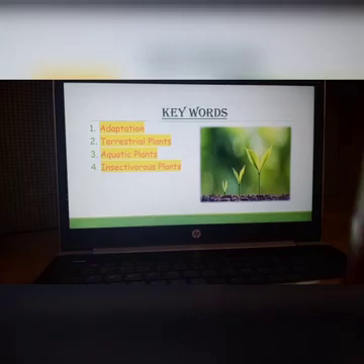Second one is fixed plants, meaning the plants whose roots are fixed in the soil below the water. And the last one is underwater plants, meaning the plants whose whole body remains submerged in the water, meaning पूरा का पूरा plant पानी के अंदर ही रहता है, that is underwater plants.